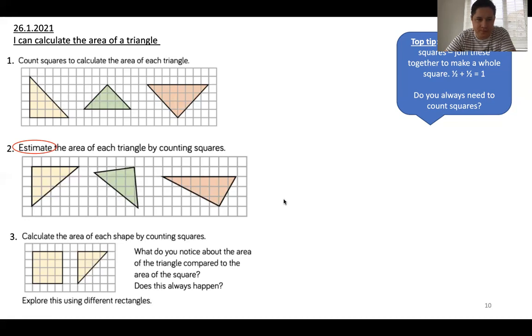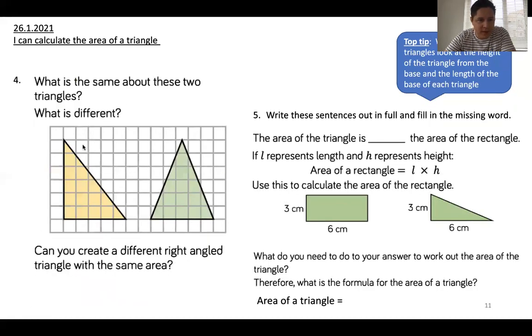Moving on, you can see that we've got this question here about two different types of triangles. Down here, it explains a formula that you can use to help find the area of a triangle. It explains it by proving to you that the area of a rectangle, as you know, is length times height.